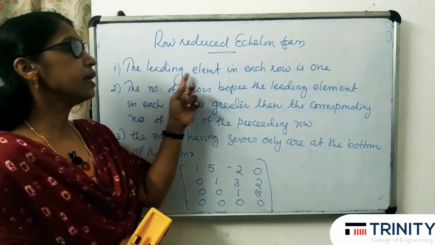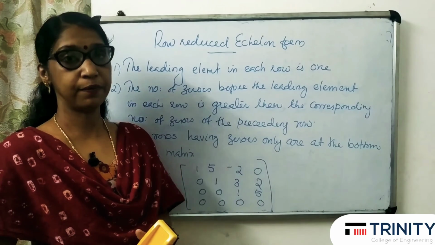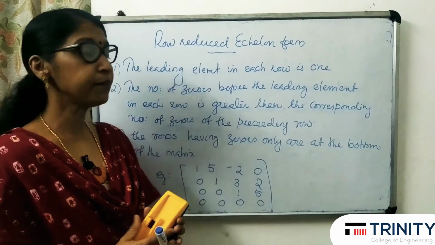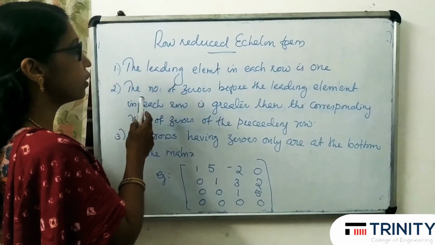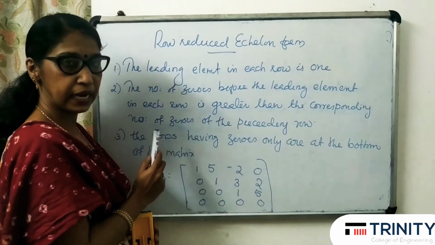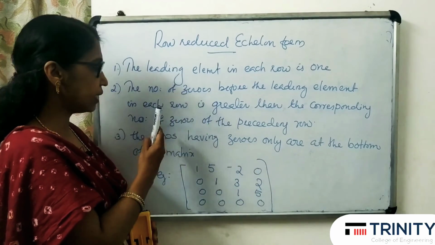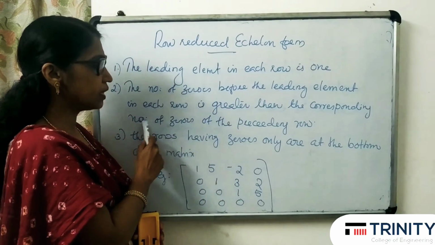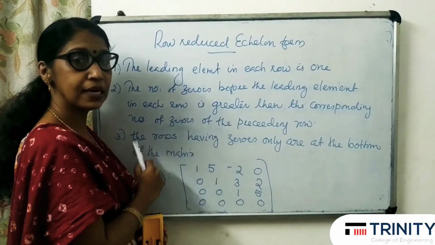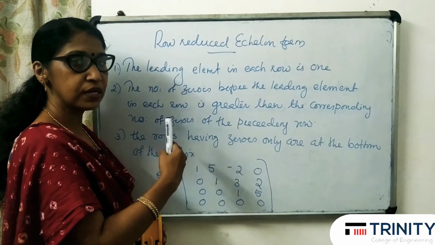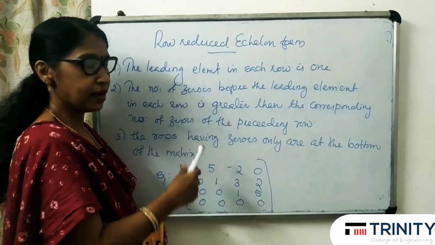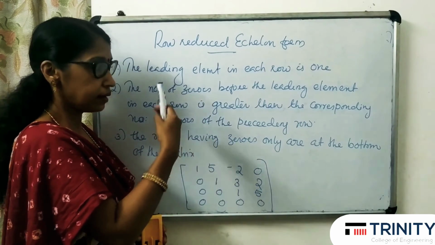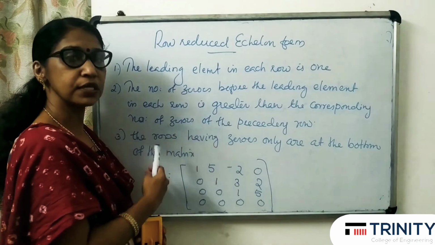First, the leading element in each row is 1. In a matrix, the leading element in each row should be 1. The next one is that the number of zeros before the leading element in each row is greater than the corresponding number of zeros in the preceding row.